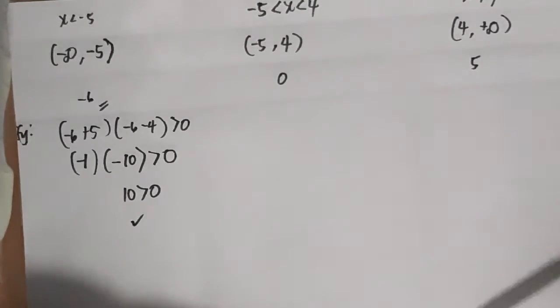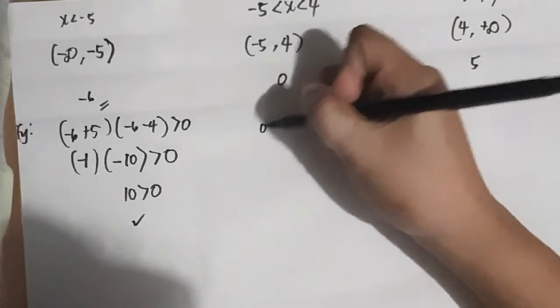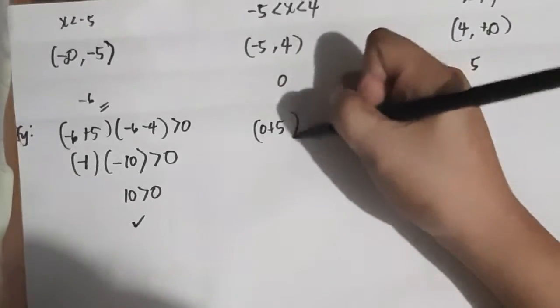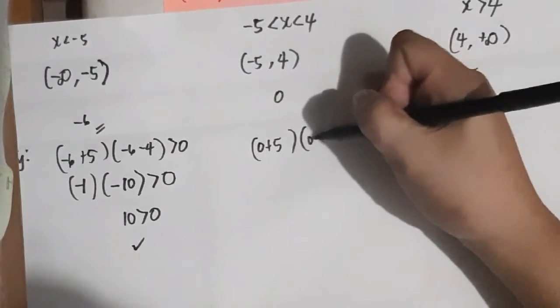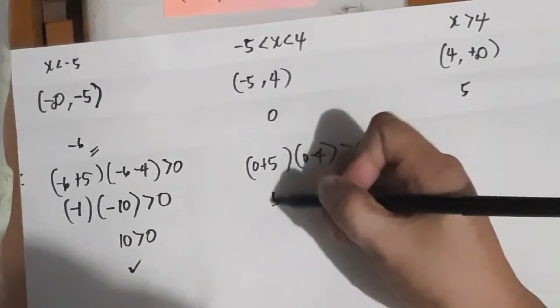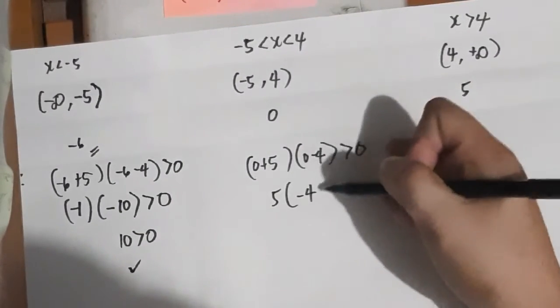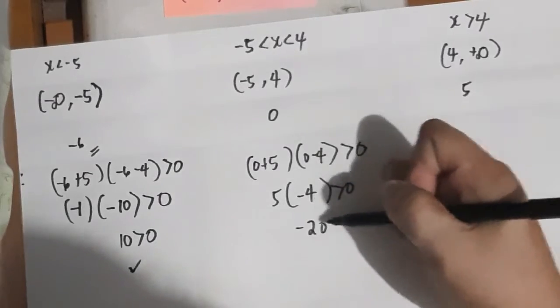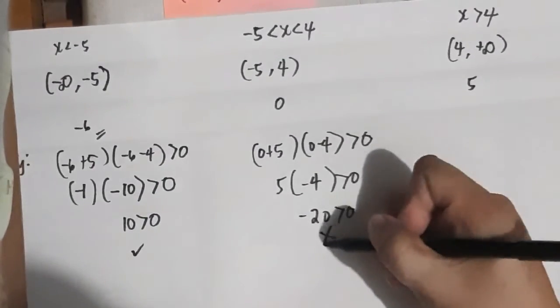Let's try the next region. Substitute 0: 0 plus 5 times 0 minus 4. Is it greater than 0? This is 5, this is -4, so -20. Is -20 greater than 0? It's not.